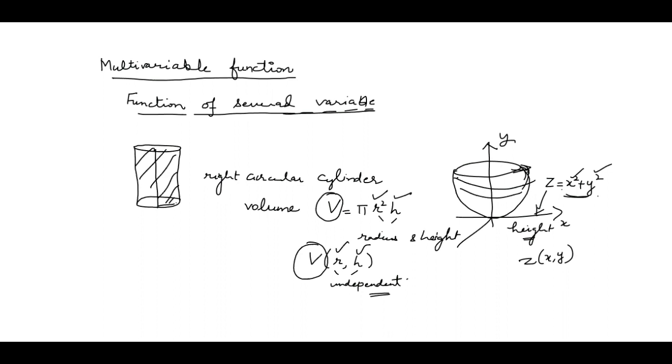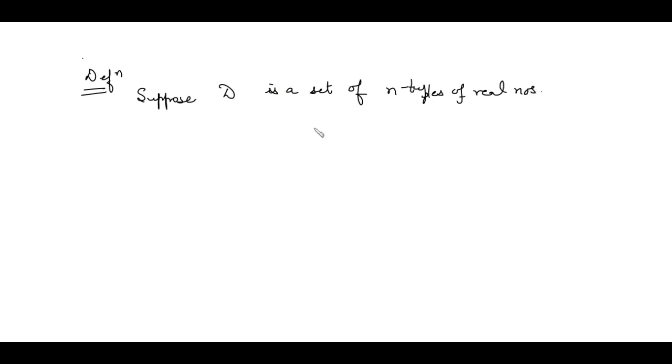So what is a function of several variables? Now just see the definition of it. Suppose we have D, which is a set of n tuples of real numbers, say x1, x2 up to xn.